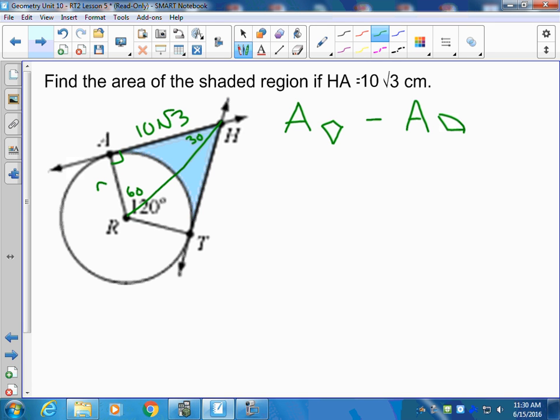So now, when we're looking at this situation for the area of the kite, we have to set up and solve for our radius. So we have our long leg, 10 square root of 3, over our short leg, which is r. Okay, remember, we're always going off of our reference triangle. Square root of 3, 1, 2. Okay, so r is equal to the short leg of 1.